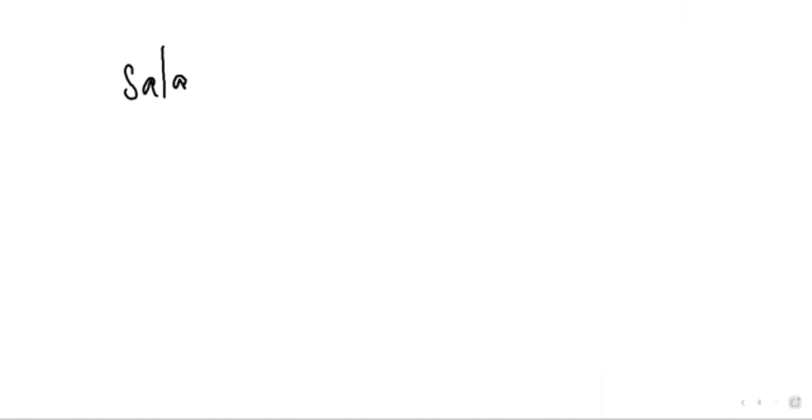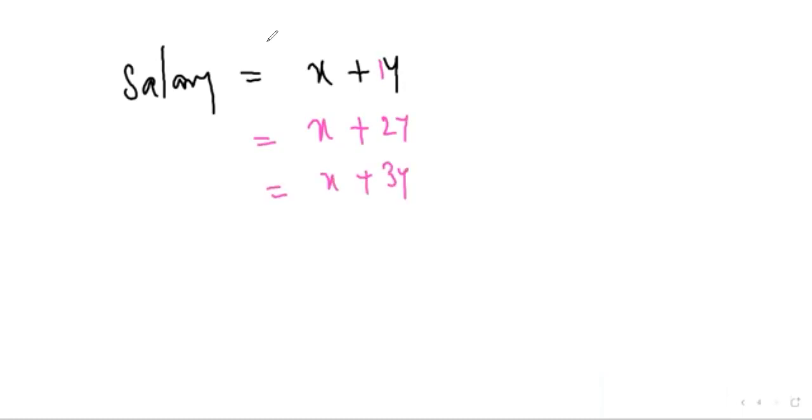Okay, so we know from the question that salary is actually some base salary, total salary is base salary and some increment, and this increment is increased every year. For example, this is after 1 year, after 2 years, then after 3 years, and so on. It goes onward like this.